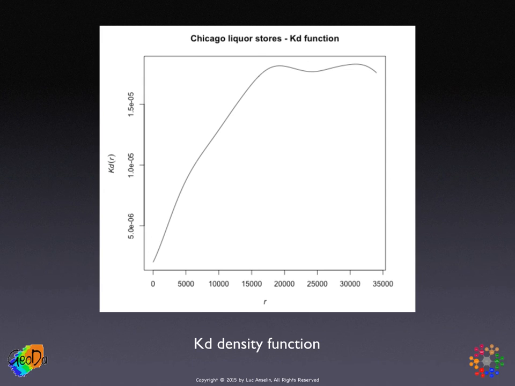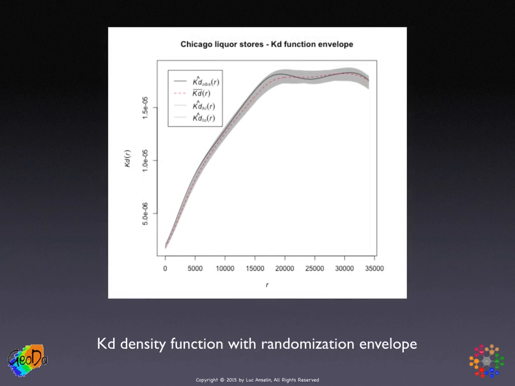And then with the randomization envelope superimposed, we see that actually the density is at the very outer edge of the randomization envelope up to the distance of about 15,000. And then beyond that, it is not significantly different from randomness.